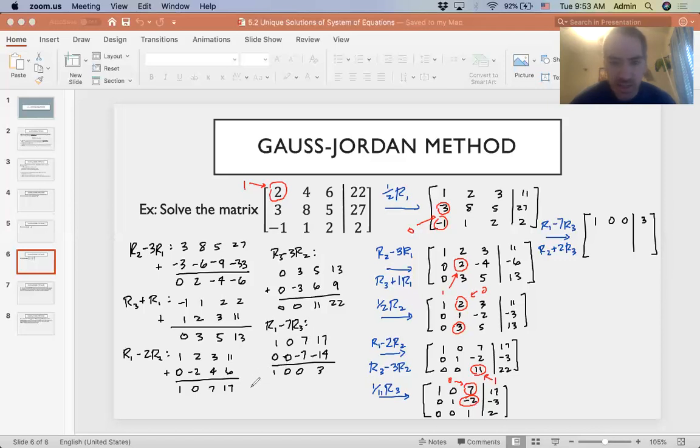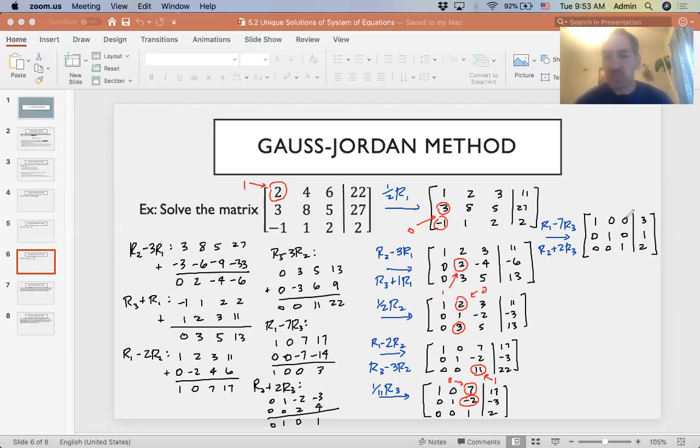Okay, and then row 2 plus 2 times row 3 is 0, 1, -2, -3, and 0, 0, 2, 4. And that's 0, 1, 0, 1. And row 3 stays the same.